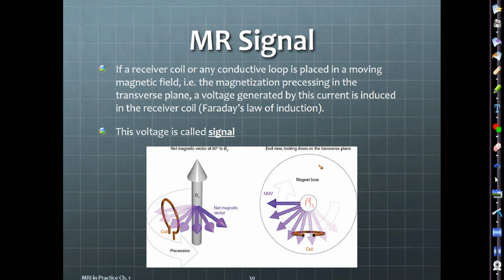And that makes sense, right? These sine waves are applied in a sine wave fashion, which is 360 degrees. And ultimately, the voltage sent to our computer system is the signal that we're going to get on our MR image.